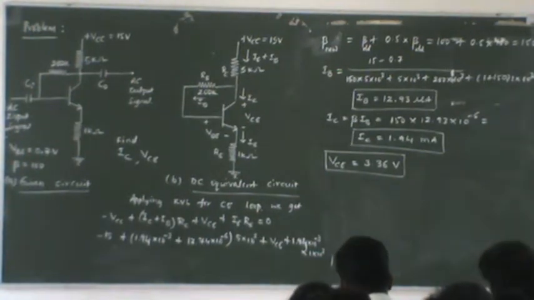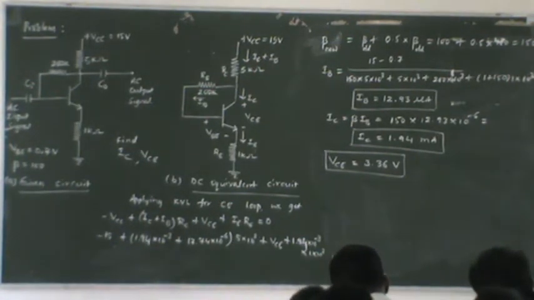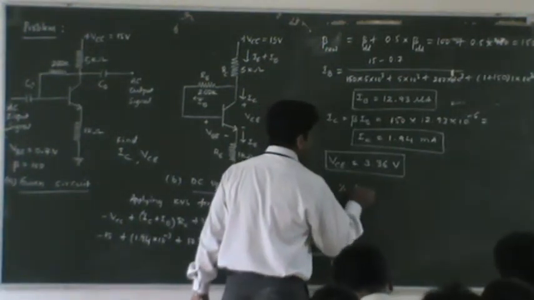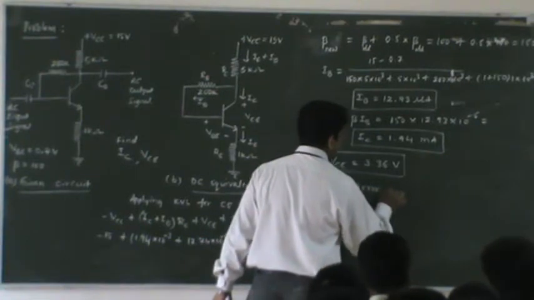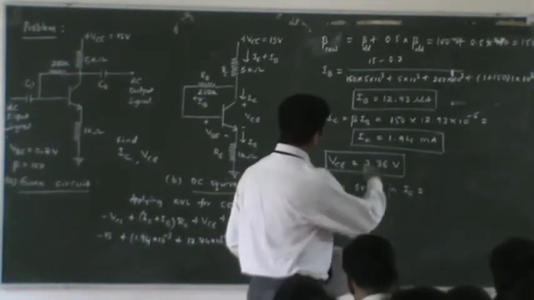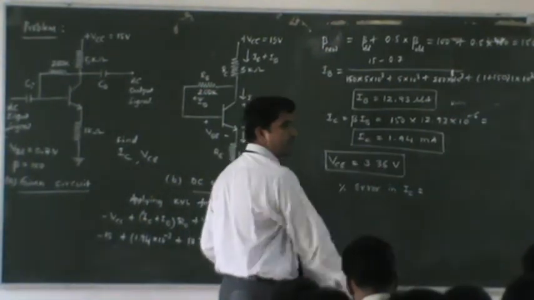Next, find out the percentage error in IC as well as the percentage error in VC, just as we worked out in the voltage divider problem. First, the percentage error in collector current: take the difference between the collector current of this case and the other.